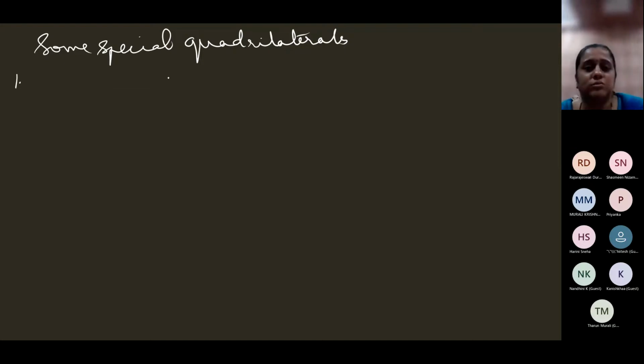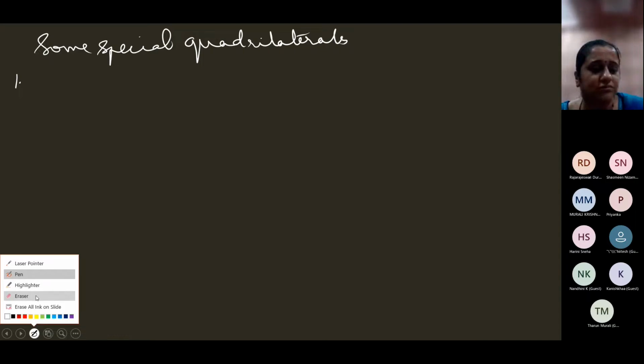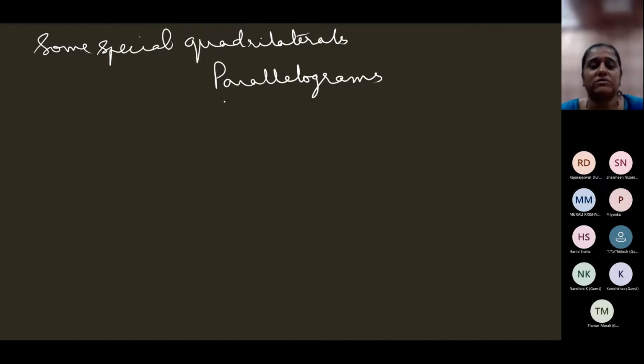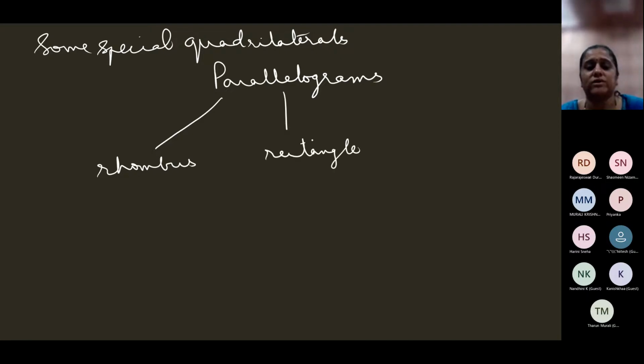Okay, so what we will be seeing is parallelograms and the special parallelograms. So a rhombus, rectangle, and square.